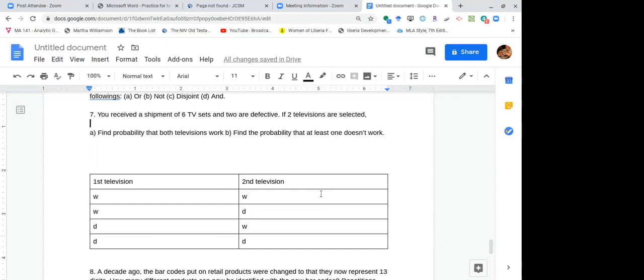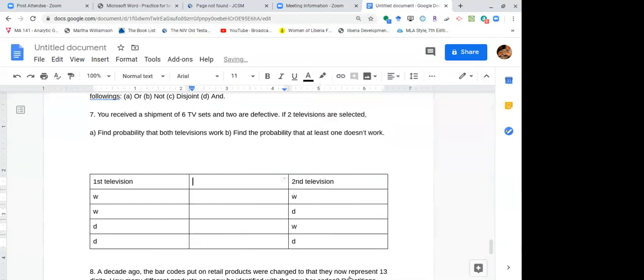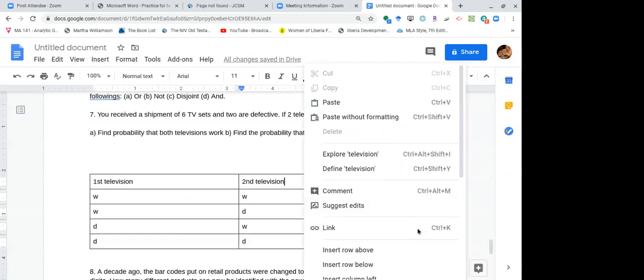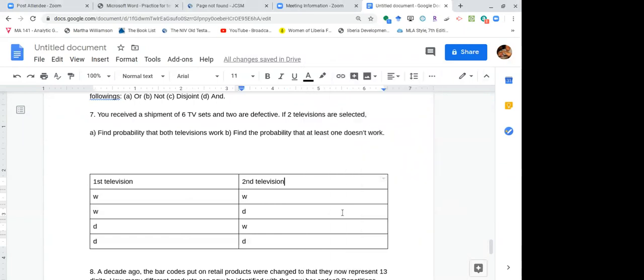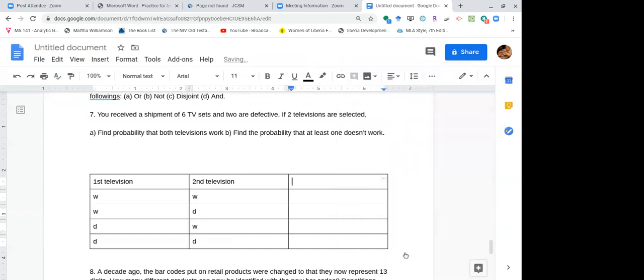So I'm going to make a third column here. I wanted it on the side. Give me a second. Insert column, right. So in this case, for the probabilities, you have 6 TVs, 2 are defective.